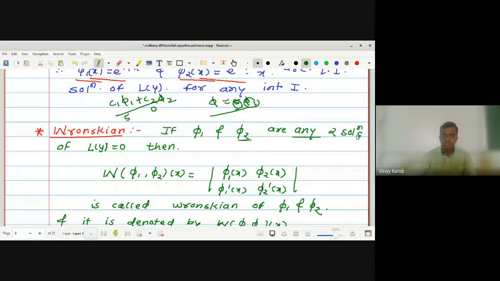This phi 2 may be a scalar multiple of phi 1, or this phi 1 may be a scalar multiple of phi 2. Do you understand?